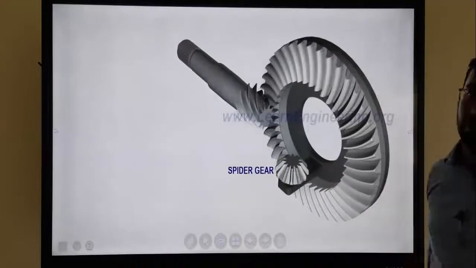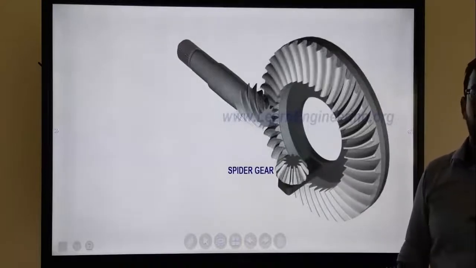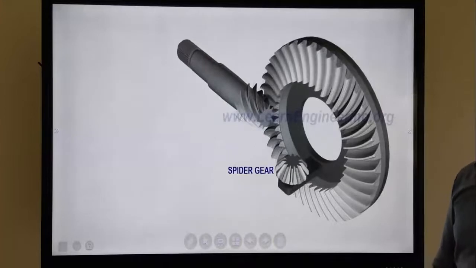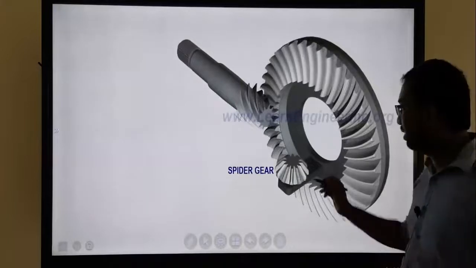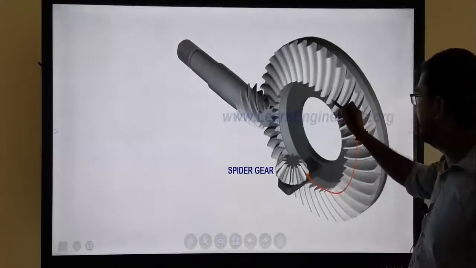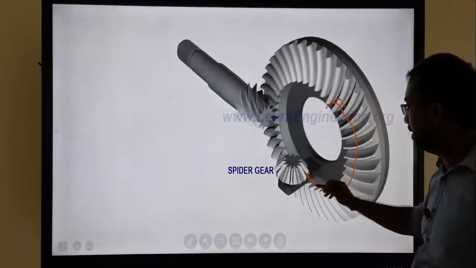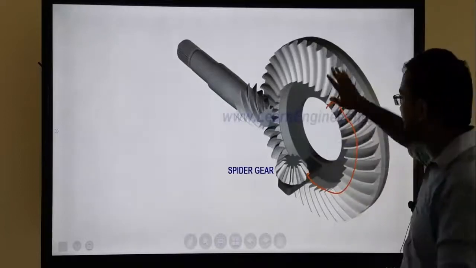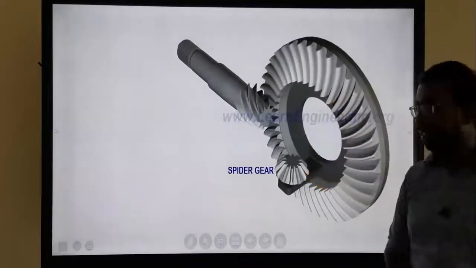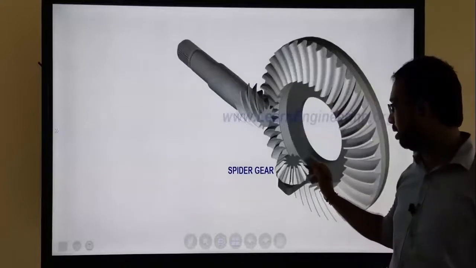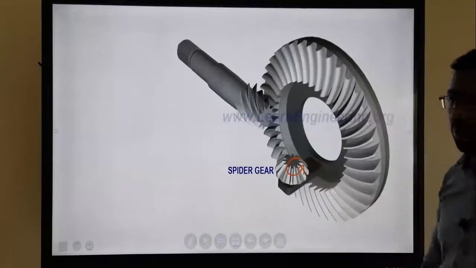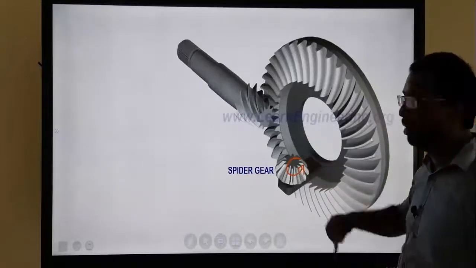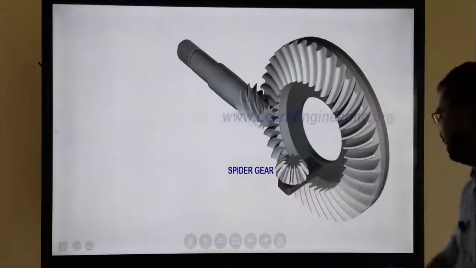This spider gear can function with two movements. It can rotate along this ring gear, since it is fixed here. Moreover, this spider gear can spin on its own axis.